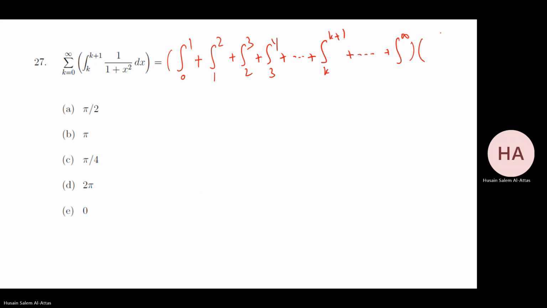If I write it correctly: 0 to 1, 1 to 2, 2 to 3. And that is what? I know A to B, B to C means A to C. So that will be the integral from 0 to infinity of this. Yeah, it's clear.